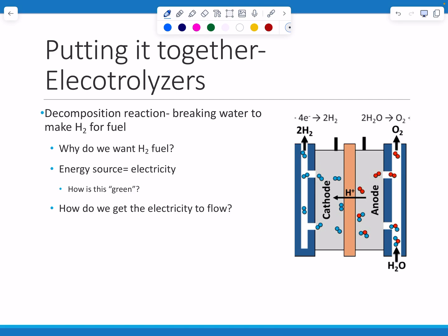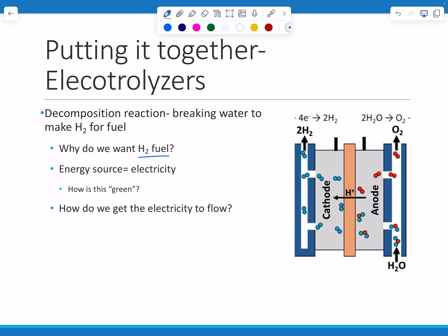All right, so we can combine the notion of electrolytes and our reaction types to do things like make cleaner fuels. So you may have heard about hydrogen fuel being talked about as sort of a green technology.